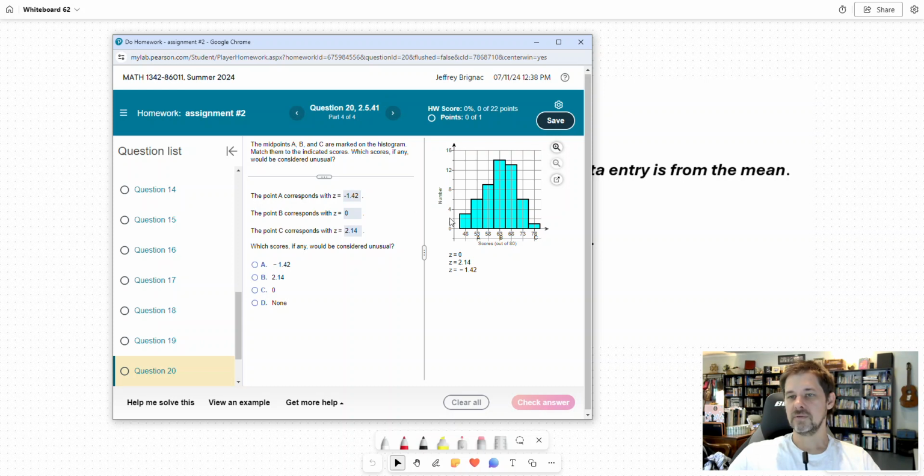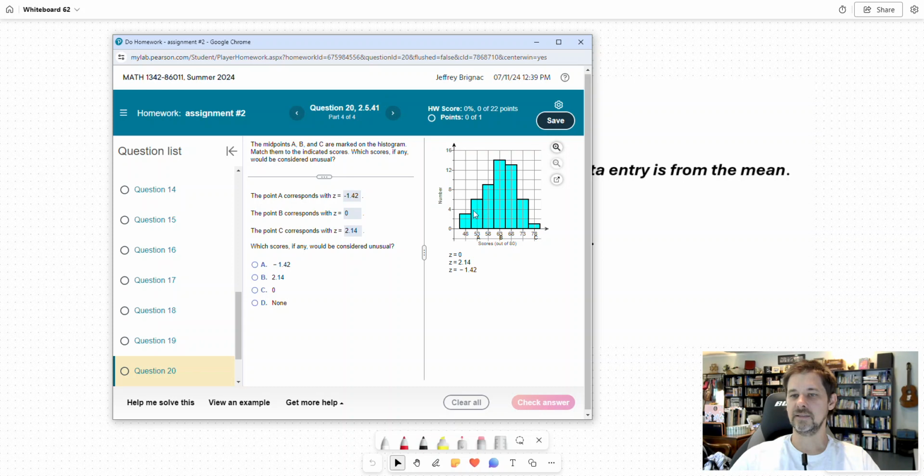For data that is bell-shaped, meaning there's a peak in the middle and it flattens out on the left and right sides, any point more than 2 standard deviations above or below the mean is considered unusual. 95% of the data is within 2 standard deviations of the mean, either 2 standard deviations up or 2 down.